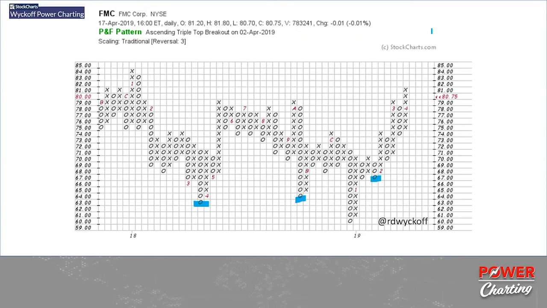Wyckoff analysis involves using the vertical chart and the point and figure chart in unison with each other. The vertical chart is going to be really useful at identifying where to enter, where to place stops, etc. But the point and figure chart is going to show us these causes, these structures, where we can see accumulation taking place.